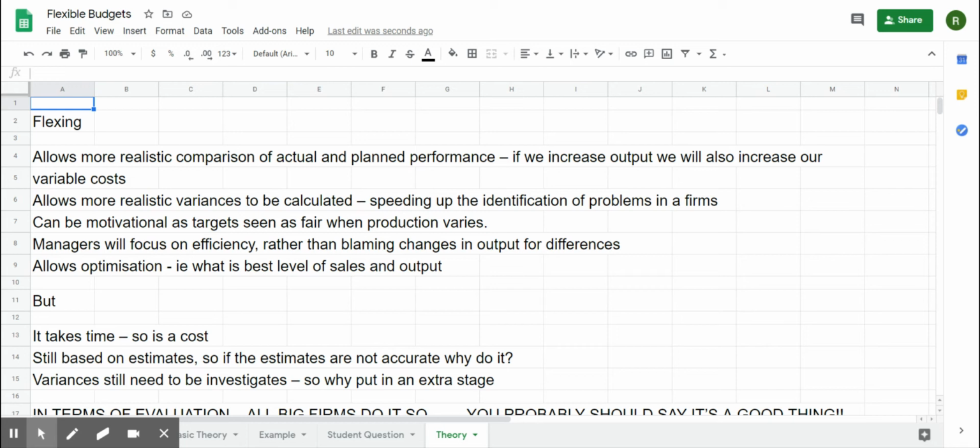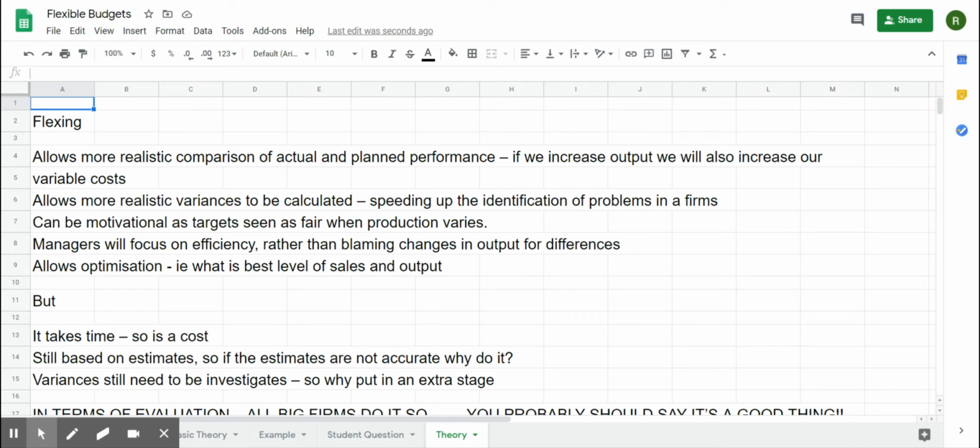If we've got a number of flex budgets, it makes it easier to compare actual performance with the planned performance, because we can say, well, we almost sold 1,500 units and not 1,000 units. Do our actual costs reflect the costs in the flex budget?